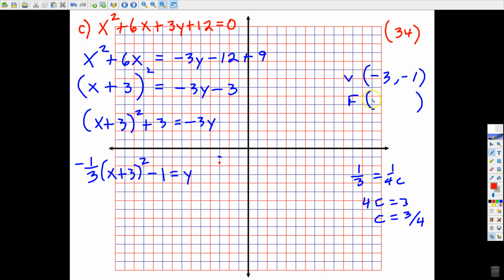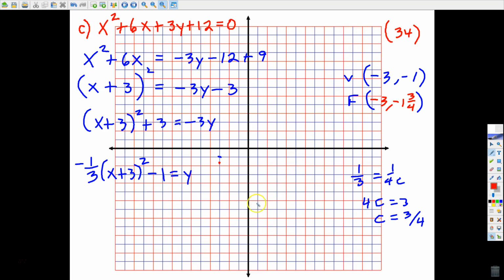Well, it's -3 and -1 3/4. Or you could have put -7/4. Everybody catch that? So you remember the focus always goes inside the mouth of the parabola, and you travel c places in the direction that the parabola opens from the vertex.